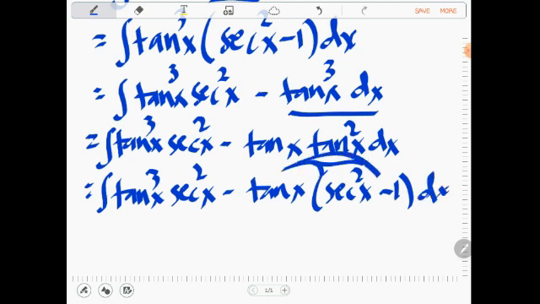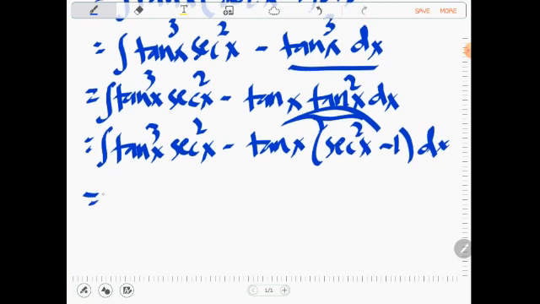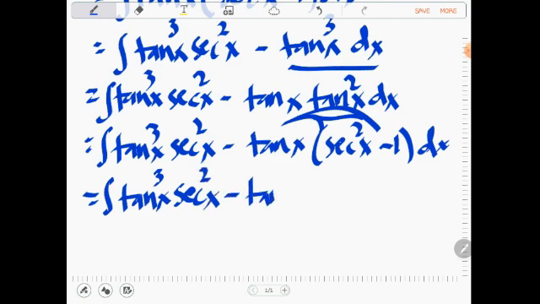Tapos ito, pwede mong i-distributive property ulit. Therefore, this should be equal to the integral of tan of x cubed secant of x squared minus tan x secant of x squared minus tan of x dx.